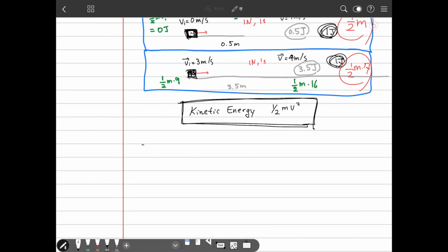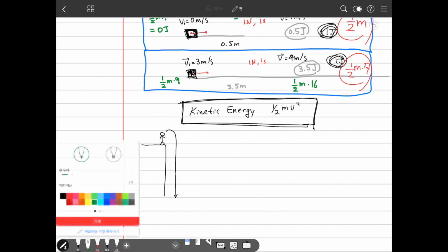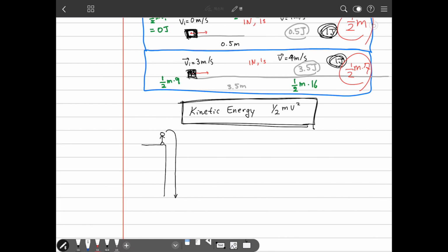So this is actually something I got from the internet. This example is quite easy to understand. If you have a person that jumped down from a cliff that's going down, we are gonna have each of these as 1 meter.